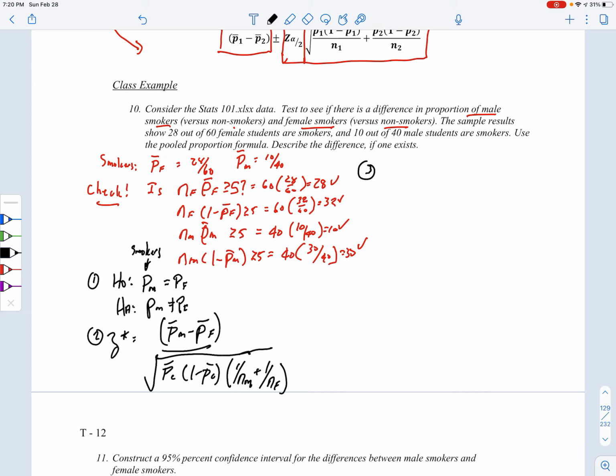Okay. Step number 3 is we're going to have our critical value here. So this follows a Z distribution, standardized normal, and we'll assume here an alpha of 5%. So of course we will put in half of that here. Oops, I guess that would be 0.025.